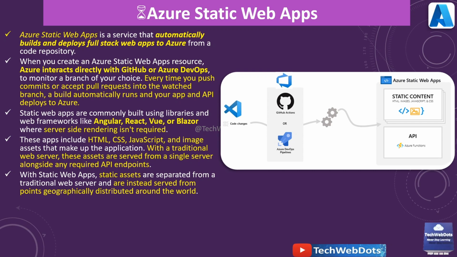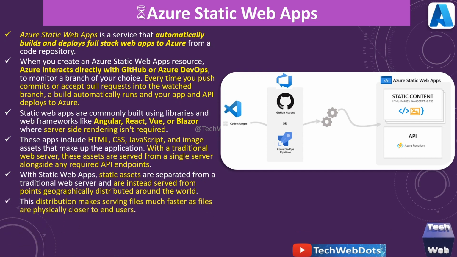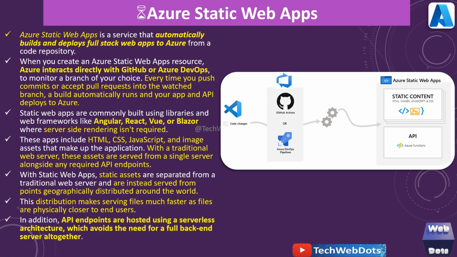It means whatever your static content is, it will be distributed geographically so that our end users can get the content much faster, or you can say it supports low latency. This distribution makes serving files much faster as files are physically closer to end users. In addition, API endpoints are hosted using a serverless architecture, which avoids the need for a full backend server altogether.